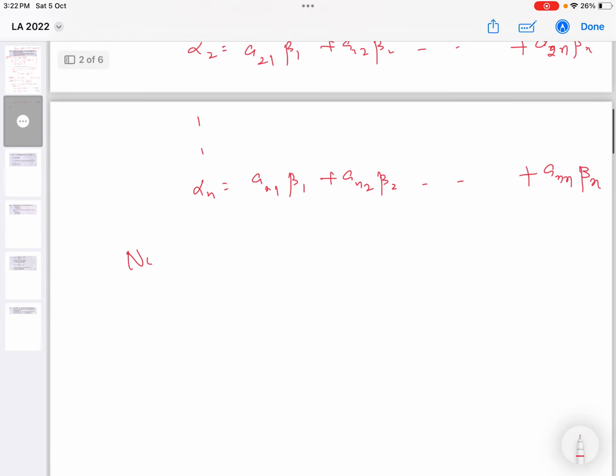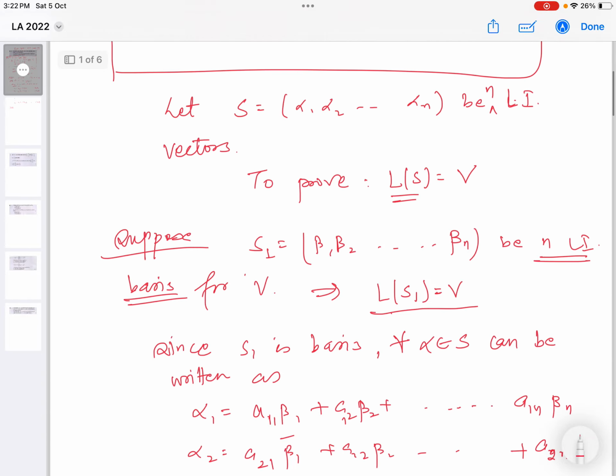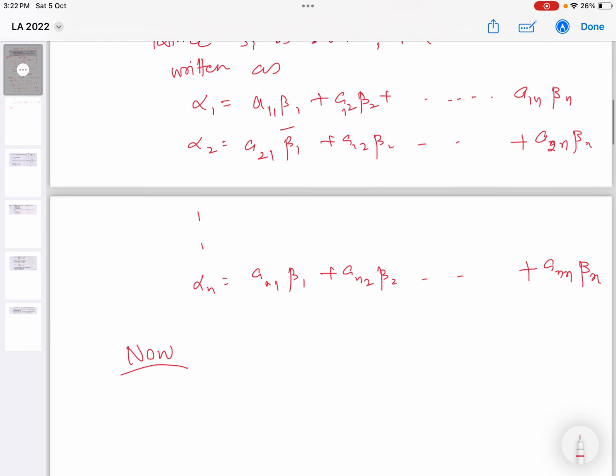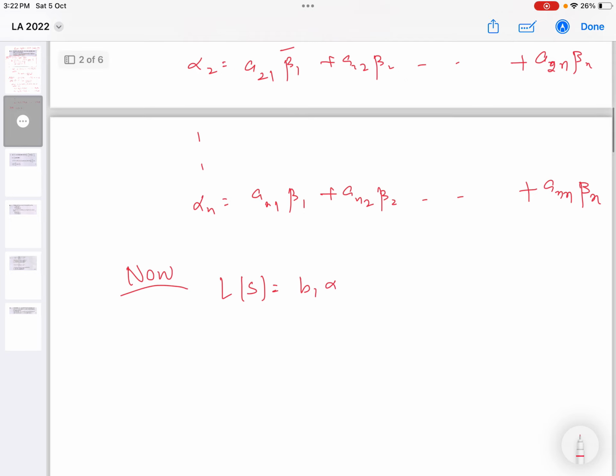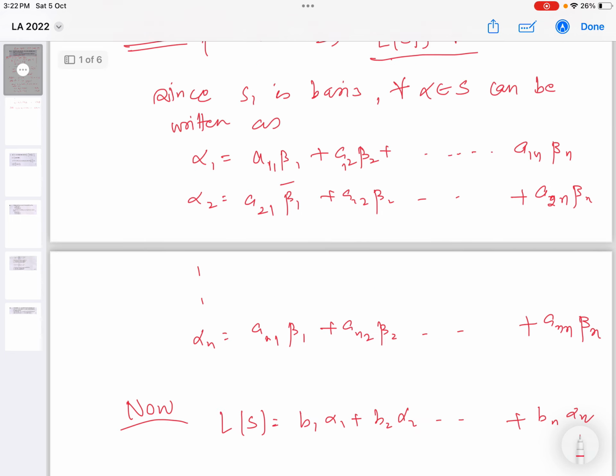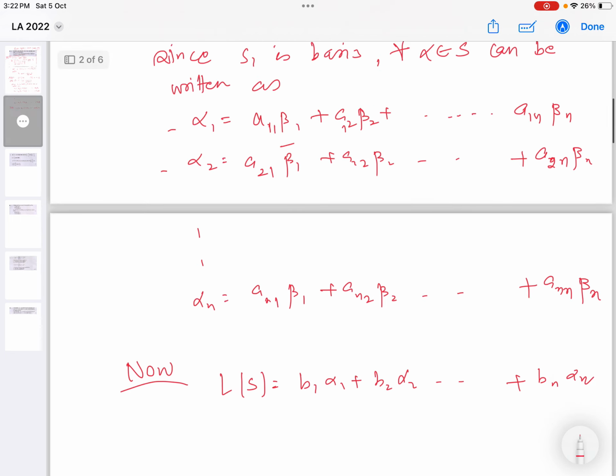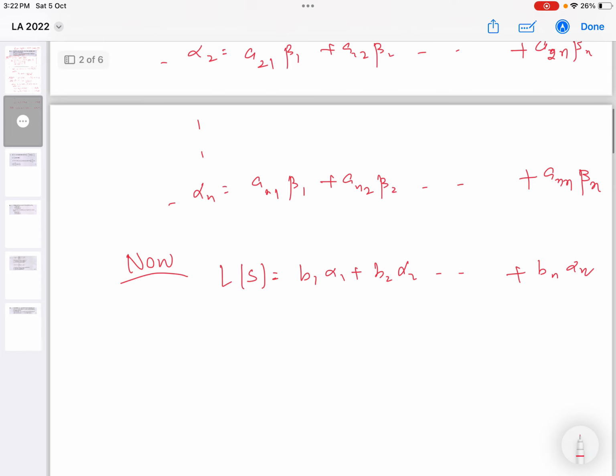Now we have to prove this one, L of S. So let's go with this. The linear combination of S is, suppose B1 alpha 1 plus B2 alpha 2, so on up to Bn alpha n. From these equations we can substitute alpha 1, alpha 2, up to alpha n. So it will become something like this.